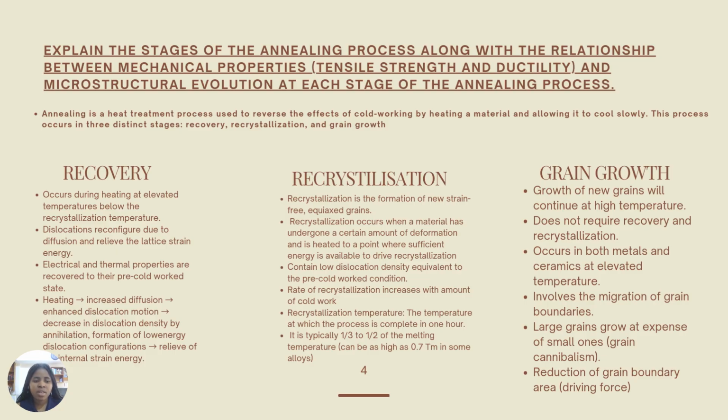When we heat, there is increased diffusion, which causes enhanced dislocation motion. That decreases the dislocation density by an annihilation process, we form lower-energy dislocation configurations, and we relieve the internal strain energy of the grains.